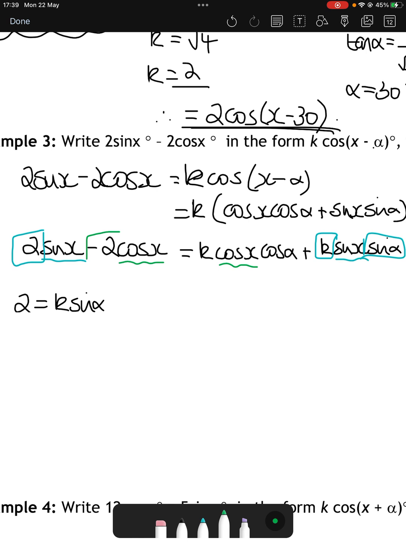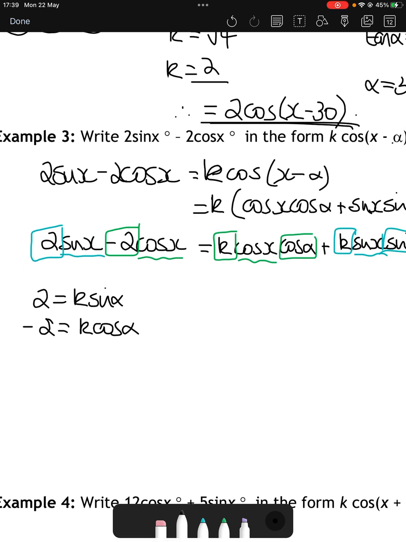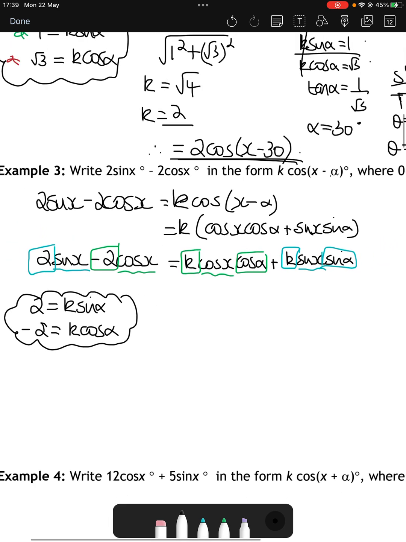Now this time we have a minus 2. So minus 2 is k cos alpha. Sine's on top. The minus is with the 2, so that's fine. So if there's ever a negative with the sine or cos, I'll rewrite it. But it's sine on top, cos on the bottom, and it's good to go.